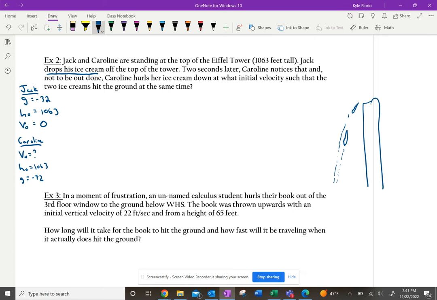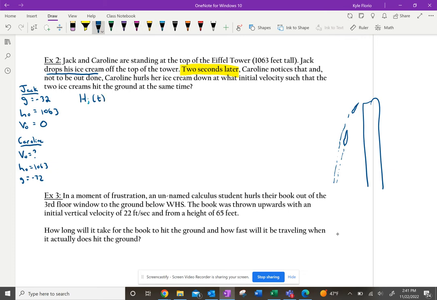So the strategy is to find when Jack's ice cream lands, then find out what initial velocity Caroline's going to need for her ice cream to land 2 seconds later. Because that is when she decides to throw hers. Okay? So if I'm going to use the height function, h of t, I'm going to put a j here for Jack.